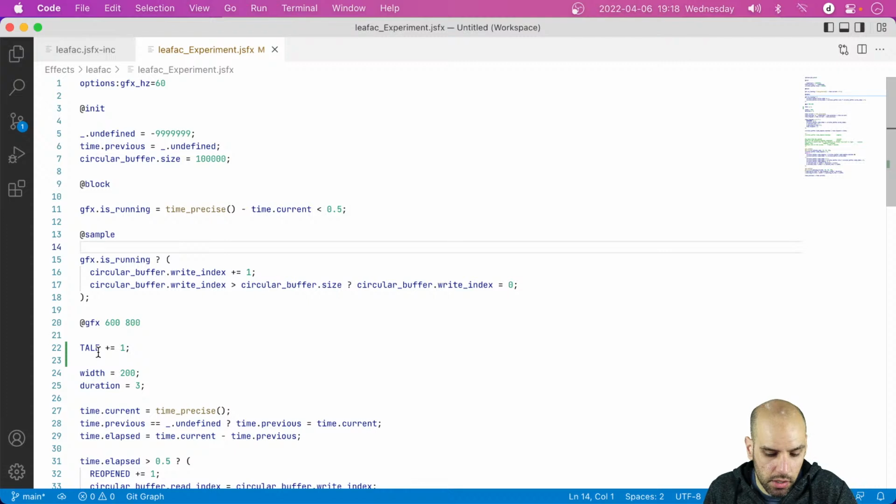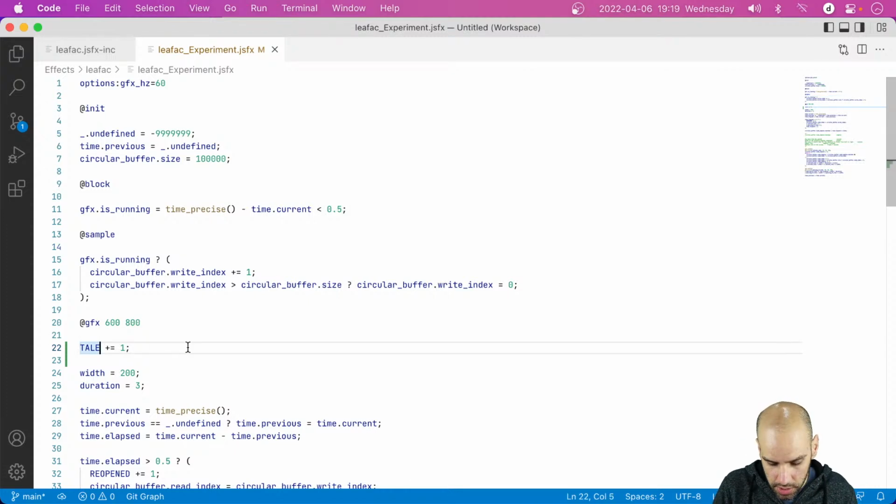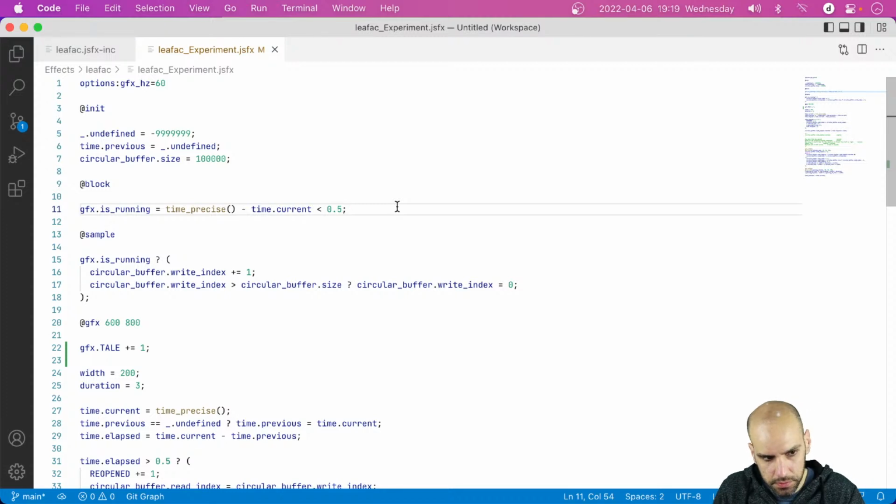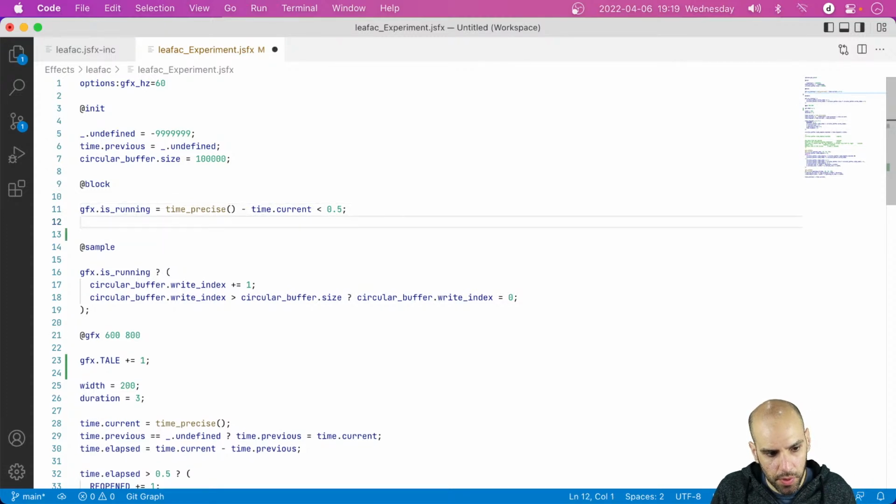Yeah, we'd probably also need an old tail variable. So this is the GFX tail variable. And then I will also have, every time I go around the block, a tail old variable, which is equal to that. And this is not in the GFX block.